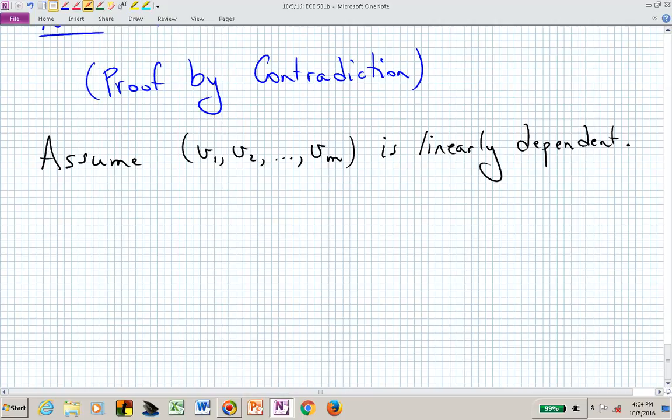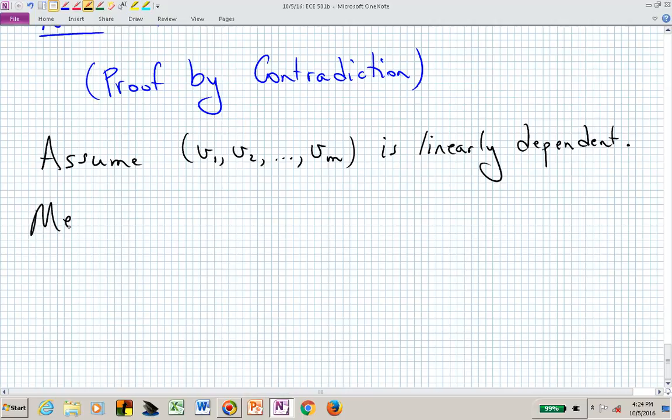That means that if you looked at any of these, at least one of those is in the span of the others. Or we can linearly combine these and have non-zero coefficients and still end up with the zero vector. There's a lot of ways of showing that those vectors are linearly dependent.